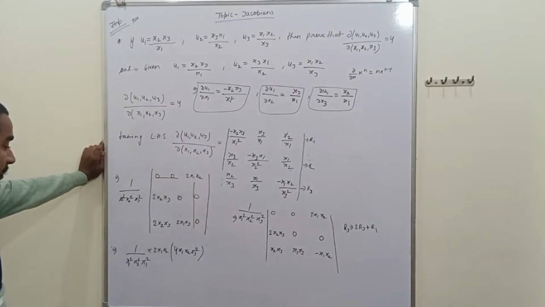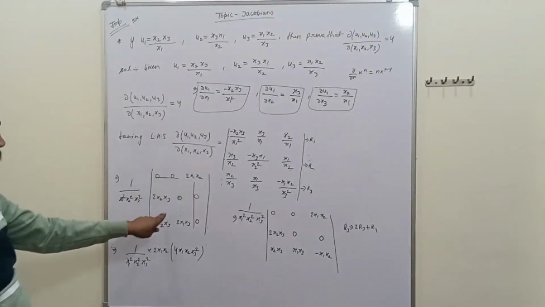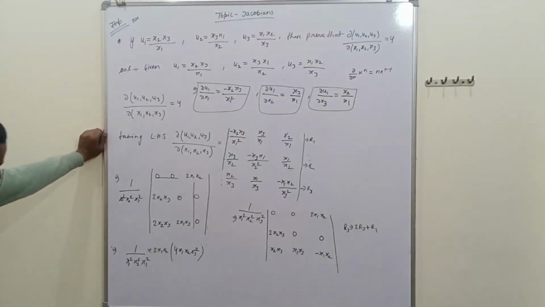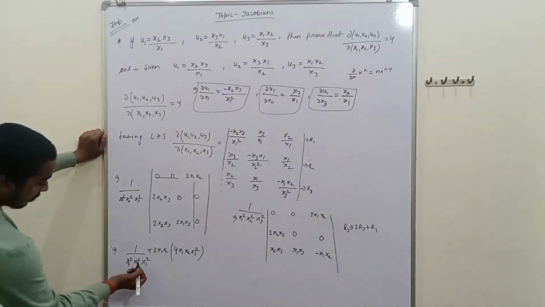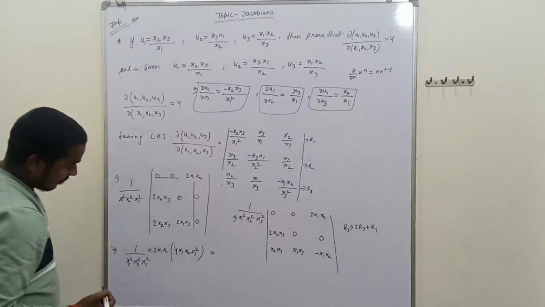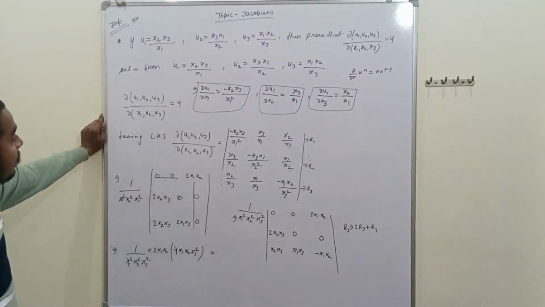Further we have to cancel out. 2 2s are 4, 2 times is already present. That is x1 squared. We can also write 4 2s are 8. We have to prove 4.